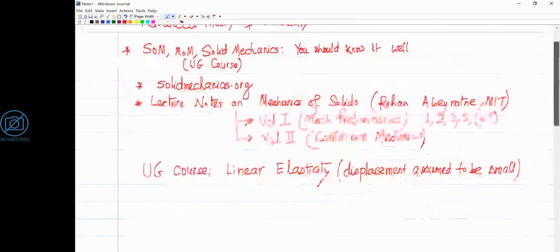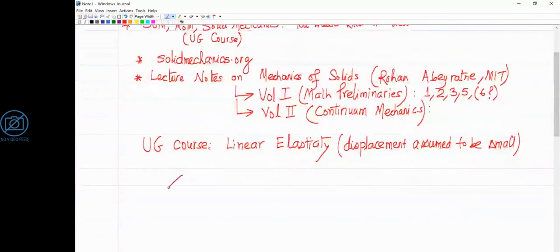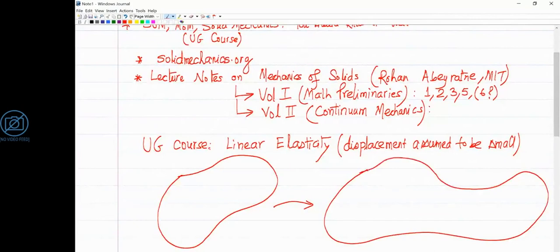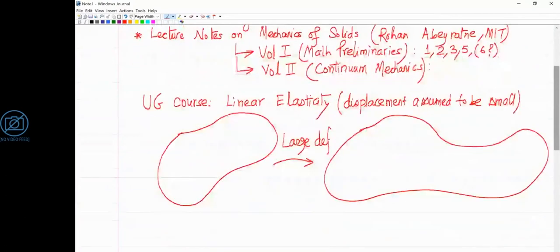Just suppose that I have this body and it becomes like this. So there is very large deformation in the body. So linear elasticity fails when there is large deformation.